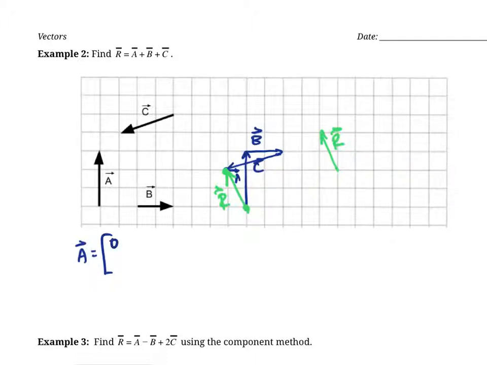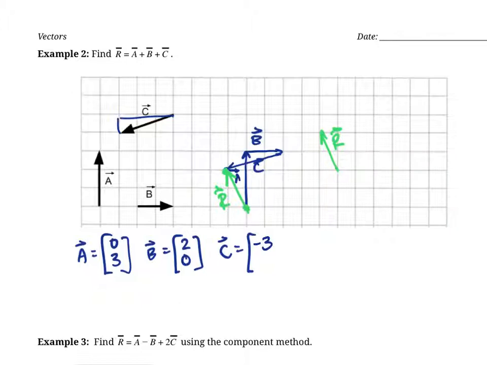The y coordinate is going to be up 3. B is going to be just 2 to the right, so the x value is 2, and it doesn't go up or down. C, the x change, it goes 3 to the left and then 1 down, right? So negative 3 in the x direction, and then negative 1 in the y direction.